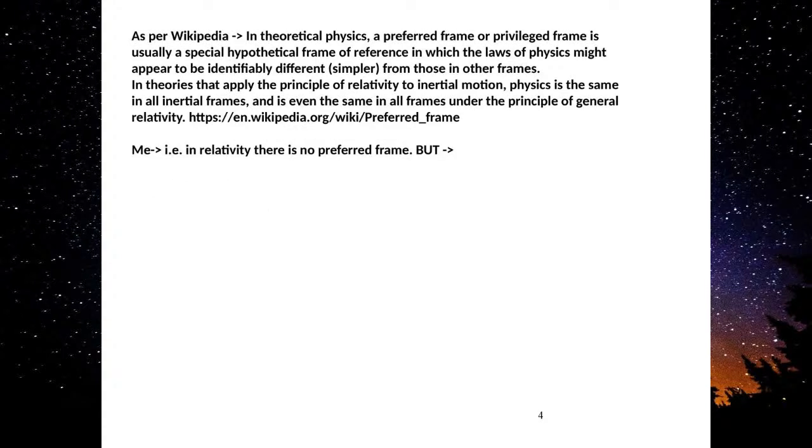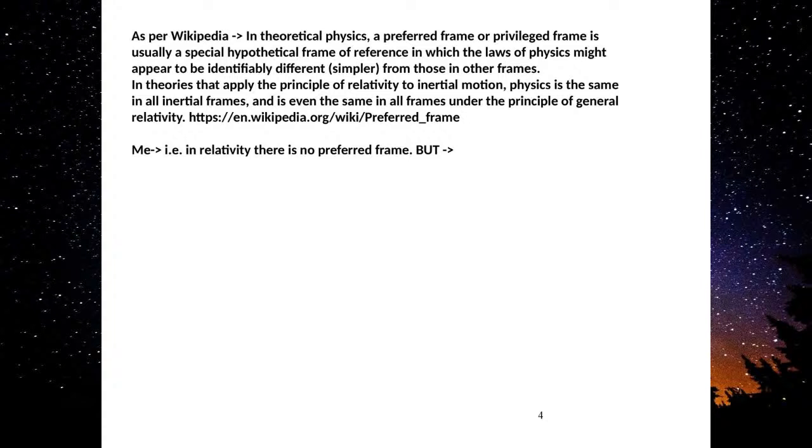So this is Wikipedia again, and it says, in theoretical physics, a preferred frame or a privileged frame, a preferred frame goes under lots of different names like preferred, privileged, absolute, and so forth, is usually a special hypothetical frame of reference in which the laws of physics might appear to be different, simpler from those in other frames.